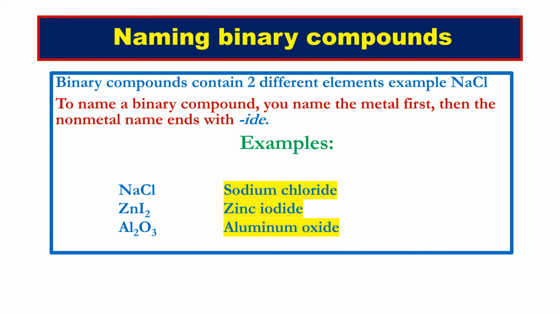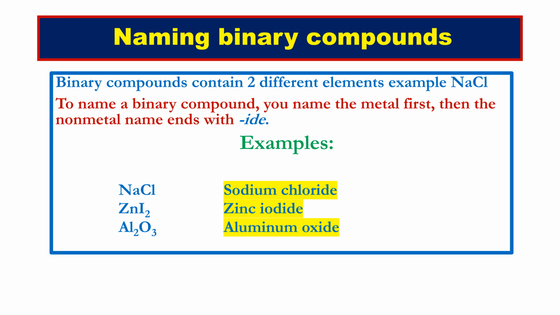Now we look at naming of binary compounds. A binary compound contains two different elements. An example is sodium chloride, which contains sodium and chlorine.